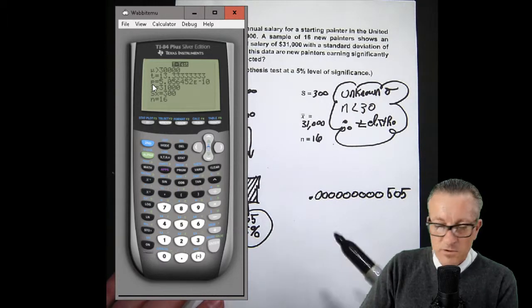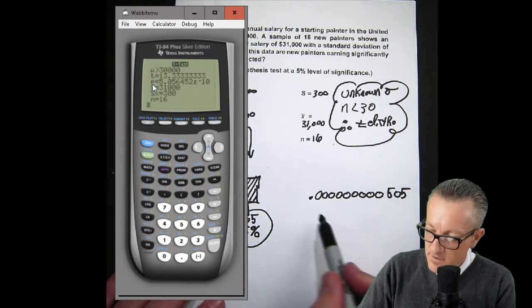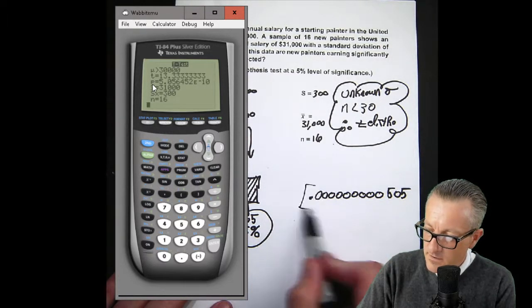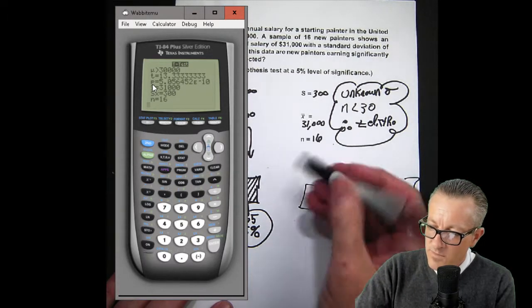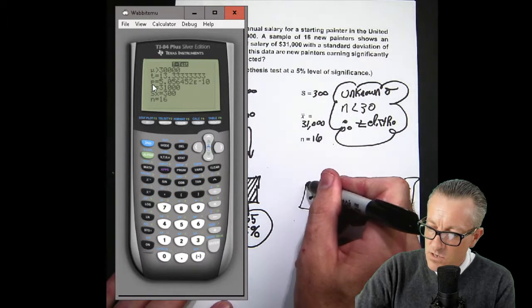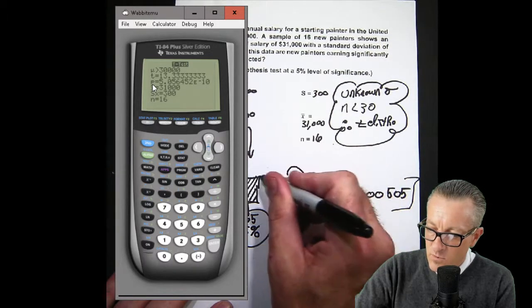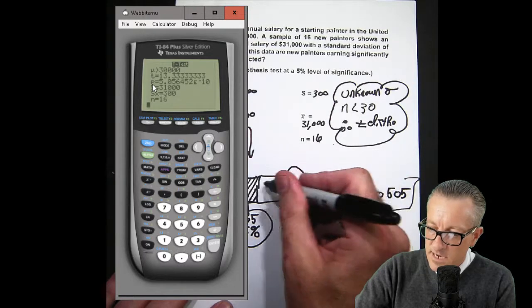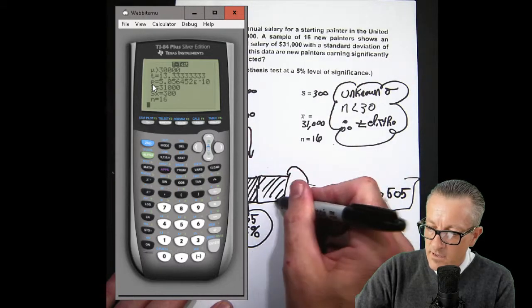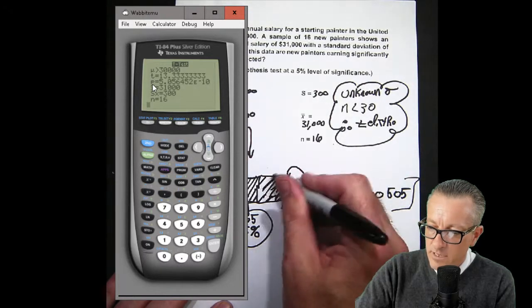Very small number. That's the calculated p-value. What this means is this number is so small, it would be way out here somewhere inside of our area, in the very infrequent area.